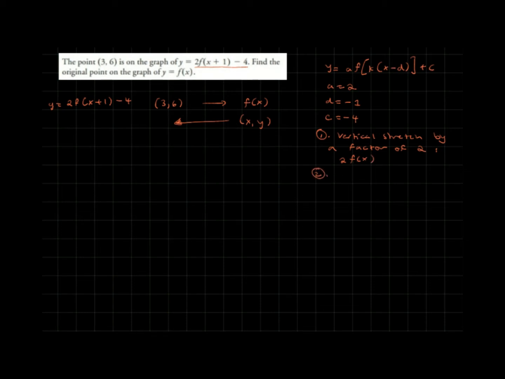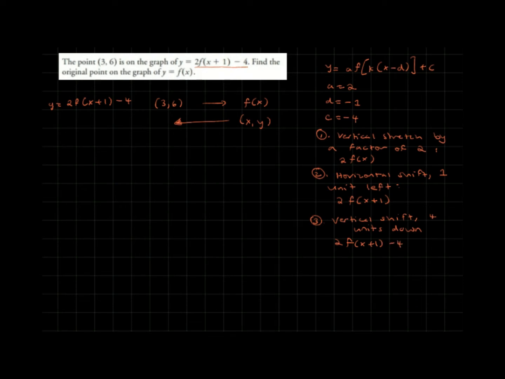Second transformation, there is a horizontal shift 1 unit left, or you can write this as 2f of x plus 1. And the third transformation, we have a vertical shift 4 units down. Okay, so that looks like 2f of x plus 1, minus 4.